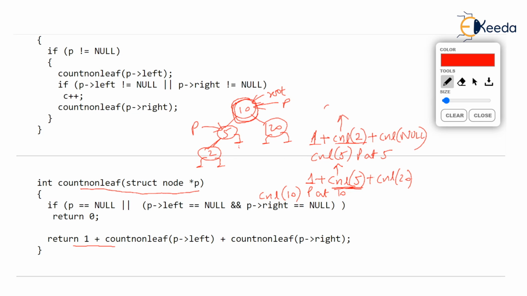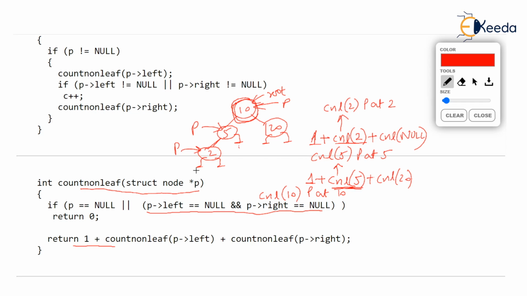Count non-leaf 2 runs. So basically P is at 2. A fresh function starts. When count non-leaf 2 starts, where P is at 2, you observe that this condition, P arrow left, is null and P arrow right is null. Then the node which we are talking about is a leaf. And remember, we are counting non-leaf.